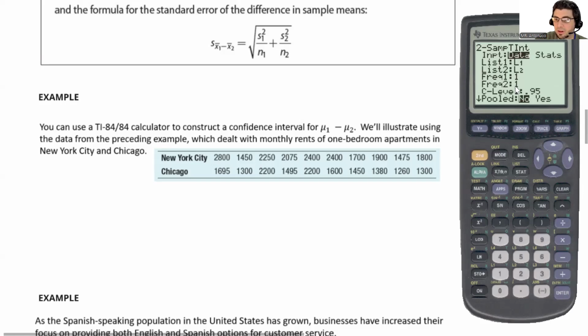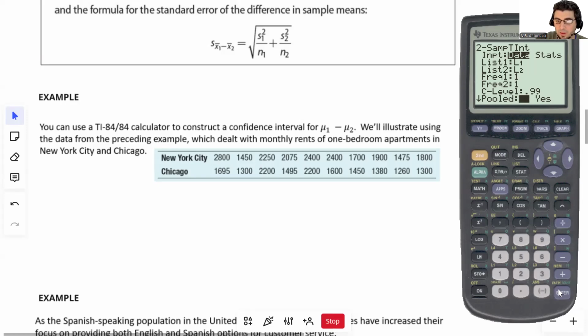So on this page here, you want to input the data. If you had the statistics already, you could hit that and then enter them manually. But if you have the data, you want to tell it to use list one and list two, which we already have. Leave the frequencies there. The confidence level was 0.99, if you remember correctly. Choose no for pooled. We're not going to be using that in this class.